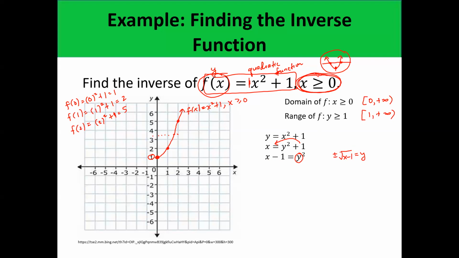However, we have to take only one sign for this. So the sign that we're going to adopt will depend on the domain of the original function. So since we're using here x greater than or equal to 0, then we shall use the positive value of the square root. So we have to take the positive square root of x minus 1. So if we get the domain of this, this is a square root function, the domain will be the set of all x such that x minus 1 is greater than or equal to 0.